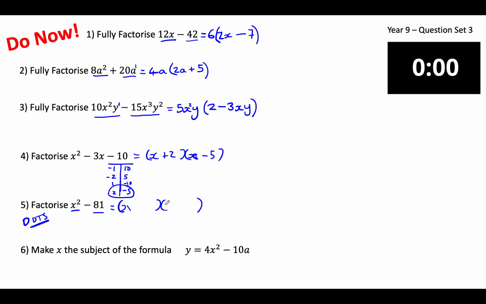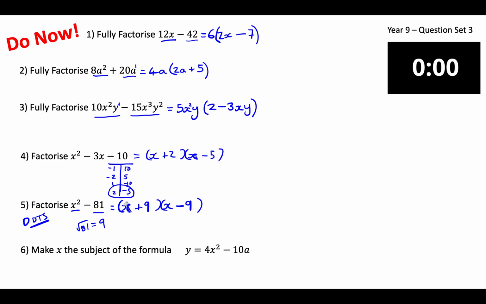Put your letter at the start of each, and put the square root of whatever this number is after it. Now the square root of 81 is 9.